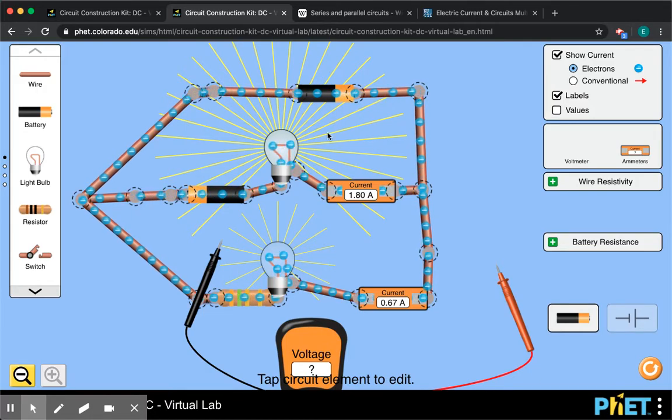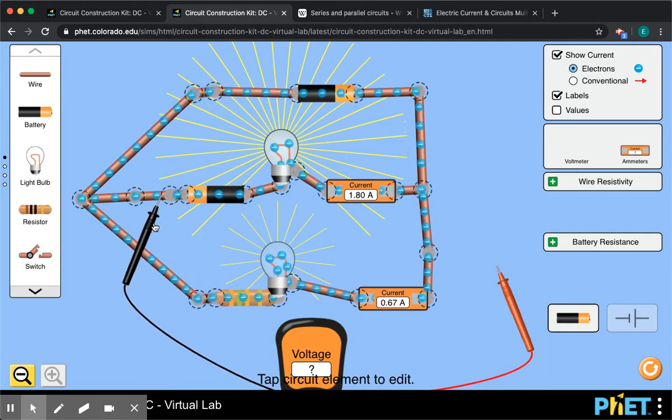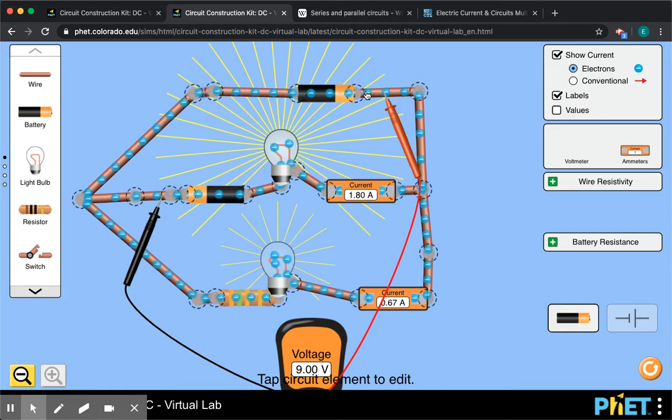So in here, in the top series circuit, I have a battery here and I have another one here, okay? So I'm going to show you something real quick. From here to here, notice how it says 9 volts. It says 9 volts because at this point, the electrons have only gone through one charging station.